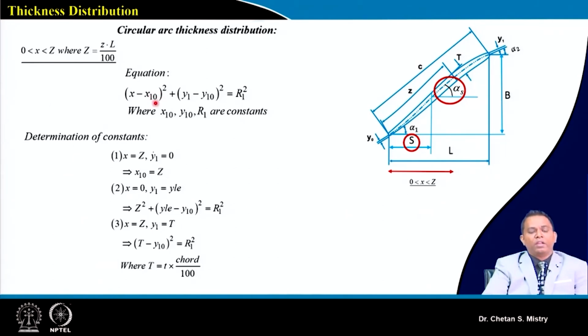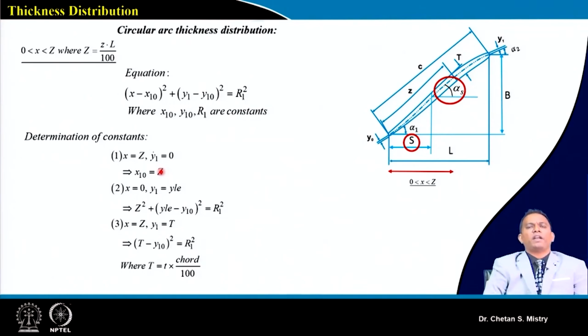Okay, and we can use this circular arc thickness distribution up to some location, as we have discussed. By providing different boundary conditions, we will be able to achieve different constants. When we derive the constants, we will be getting the values of x as well as y.